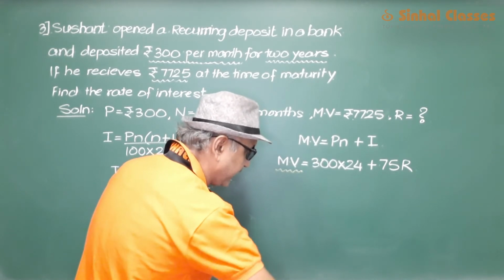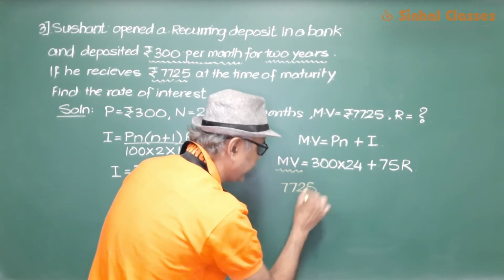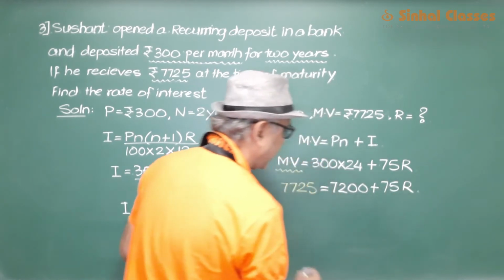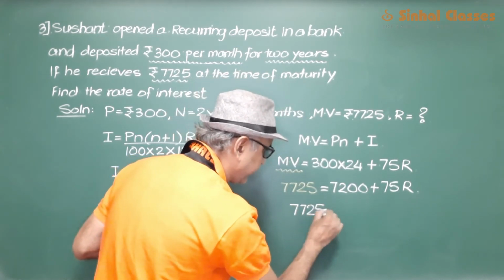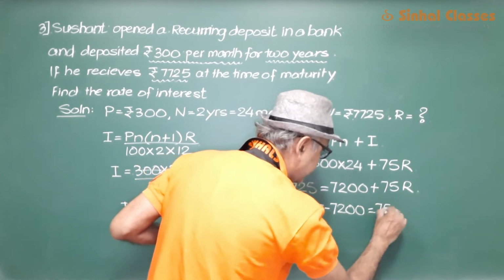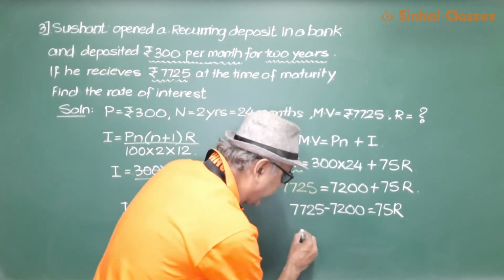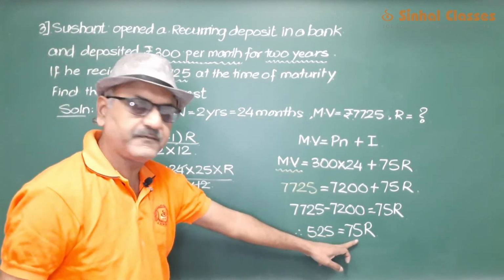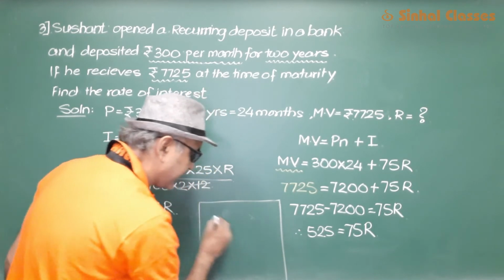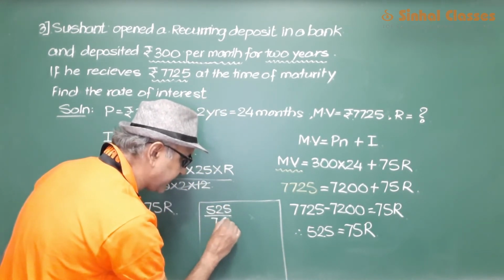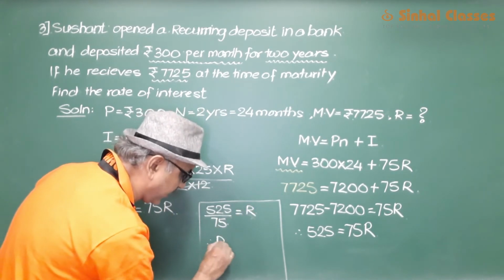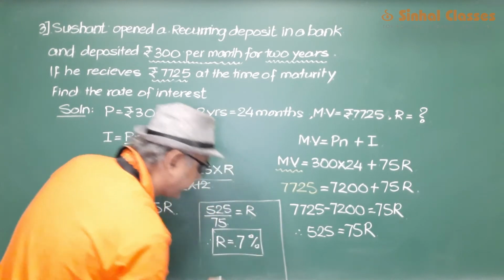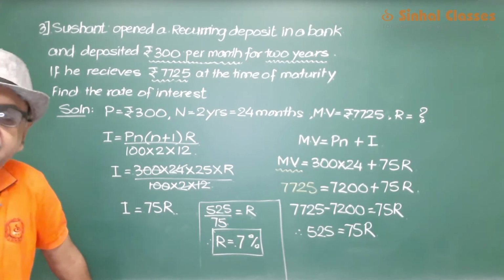So in place of this, we will put the value of MV, which is 7725, equals 7200 plus 75 R. So what do you get here? 7725 minus 7200 equals 75 R. 525 is equal to 75 R. Guys, divide this 525 by 75 and see what you get. 525 divided by 75 is equal to R. So on division, you will get the value of R as 7%. This is your sum to find out the rate of interest.